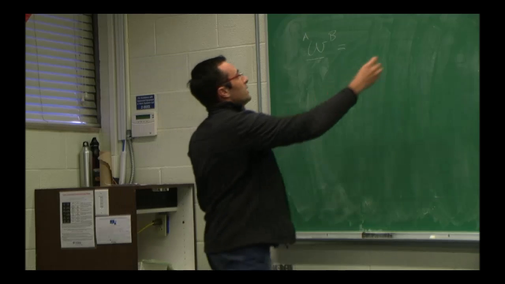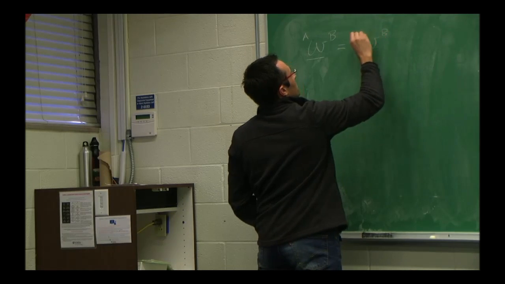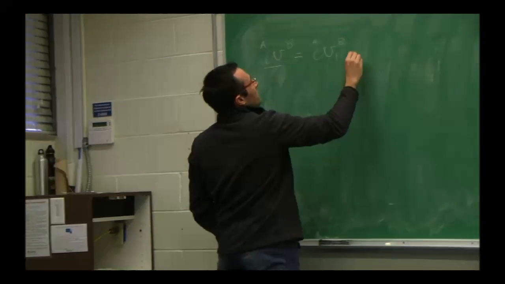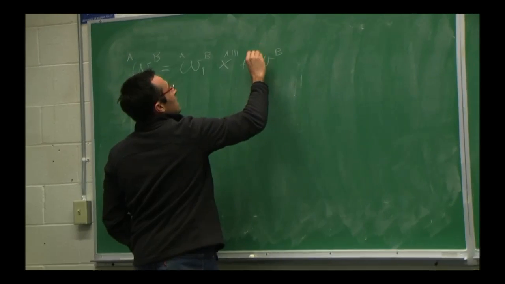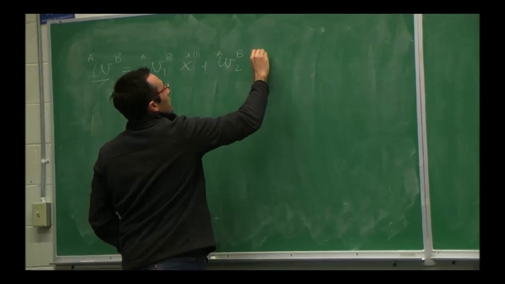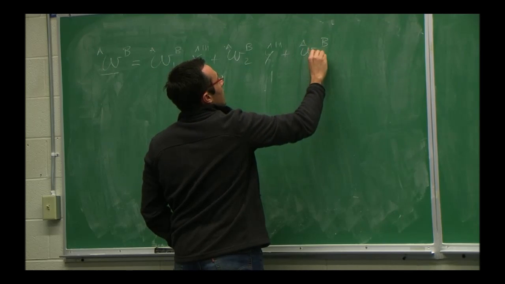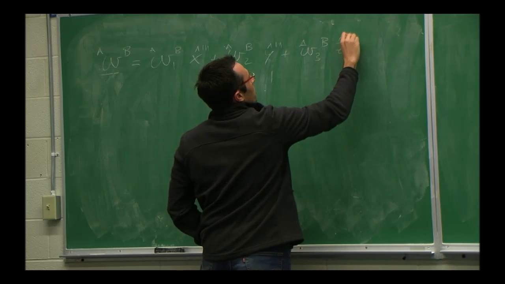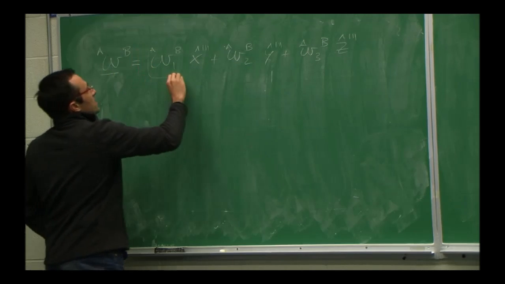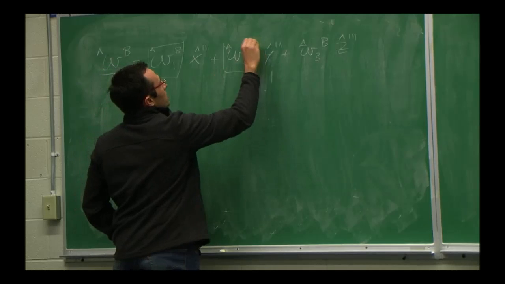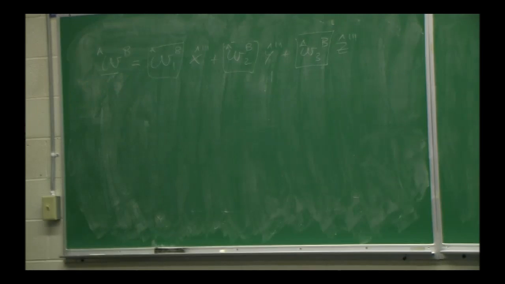What that means, in other words, is that we wanted last time to find this kind of expression: omega BA on the first axis, x triple prime, plus omega BA on the second axis, y triple prime, plus omega BA on the third axis, z triple prime. This is basically what I was looking for. And these are just scalars that represent the projection of the vector omega on that particular basis.